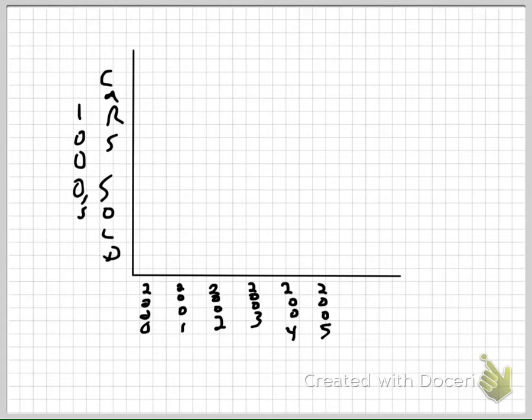Does that make sense? By the thousands. So like this is 1,000, 2,000, 3,000, 4, 5, 6,000.